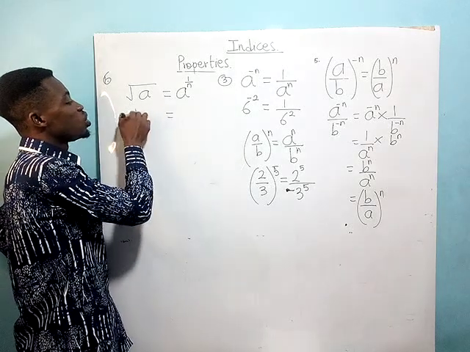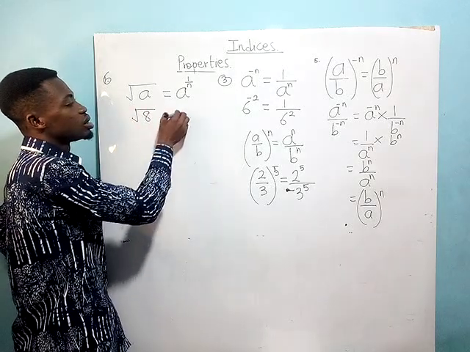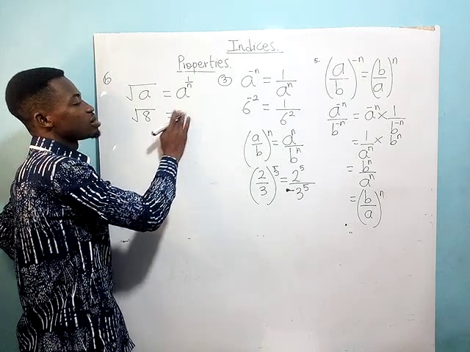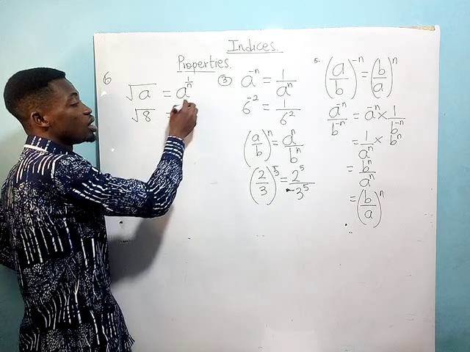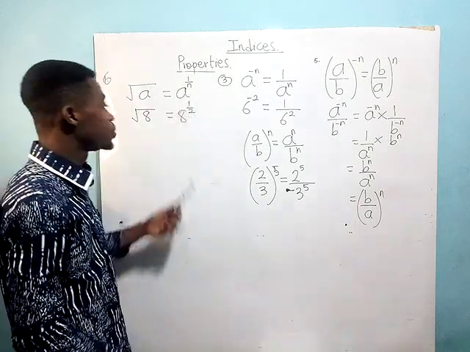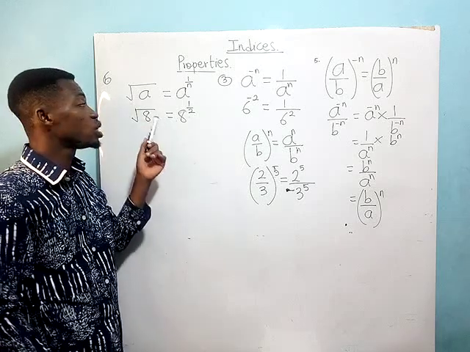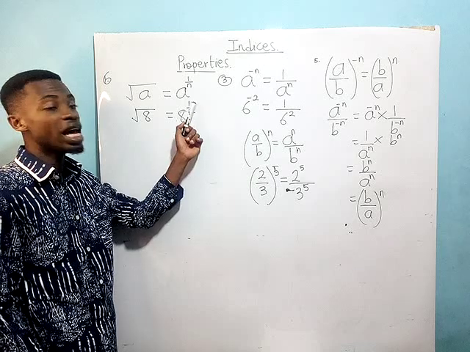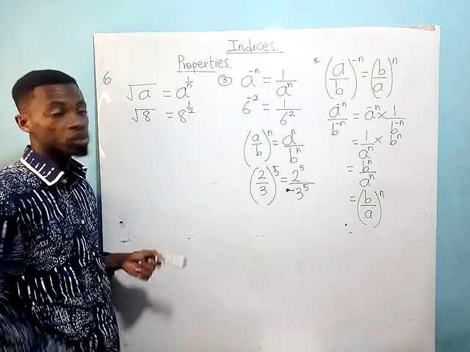So square root of 8 will be written as 8 to the power 1 on 2. So when it comes to square root, the denominator of the exponent is always 2.